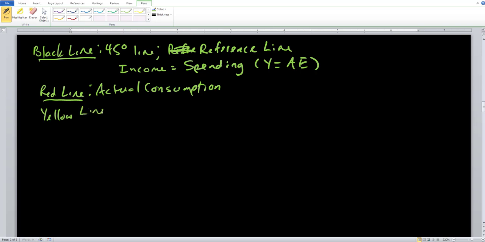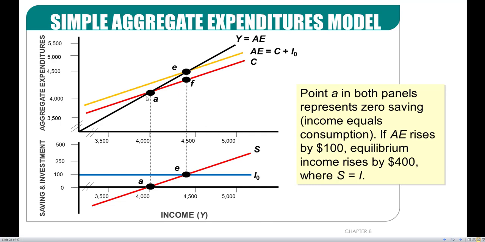So the yellow line, if we want to go ahead and take a look on the slides right here, the yellow line is exactly going to be shifted parallel up by the amount of investment. Remember that investment is autonomous, or it is independent of income. So if we increase investment by, say, $500, that tells us that our line is going to shift up exactly by $500.